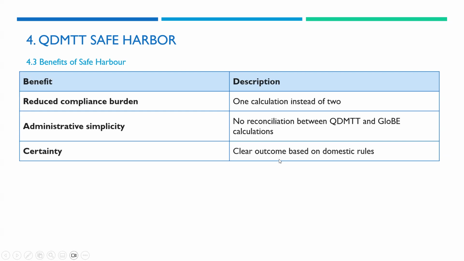Basically, it's a clear outcome based on domestic. When you make it domestic, there is only one tax authority, and the arbitration and the assessment, everything becomes very certain in the sense of how it will go. If it goes multi jurisdictions, it is very difficult.